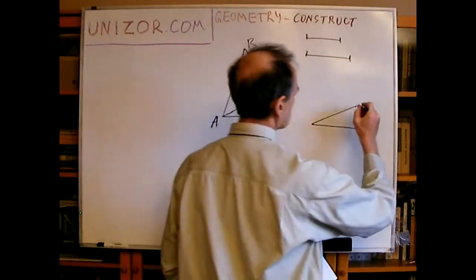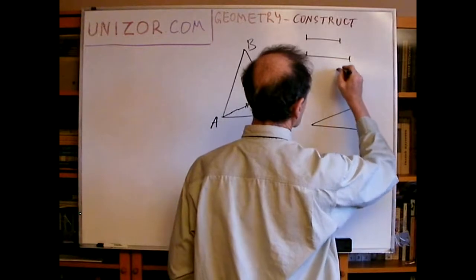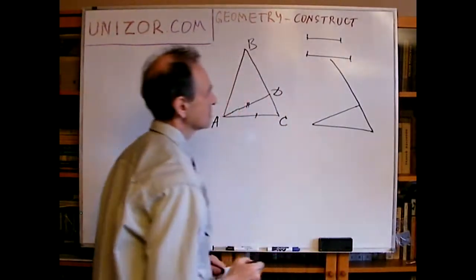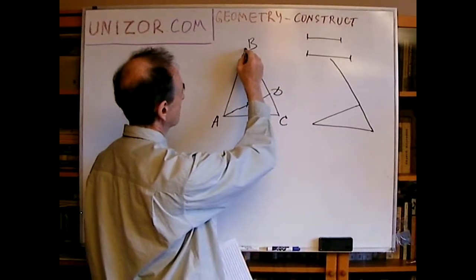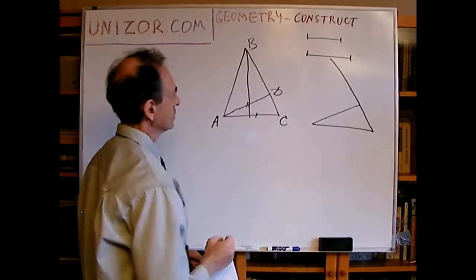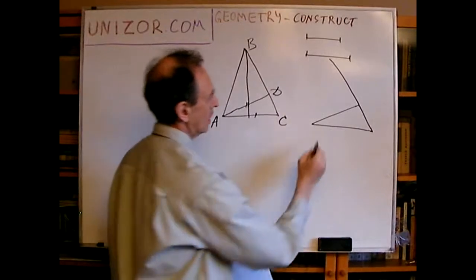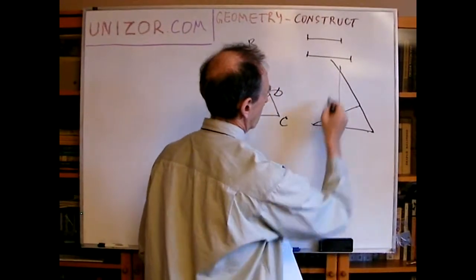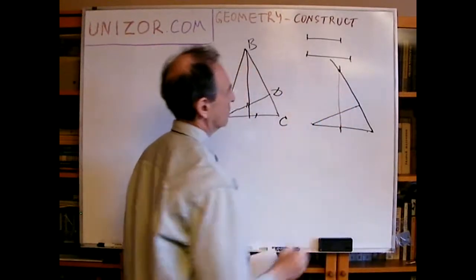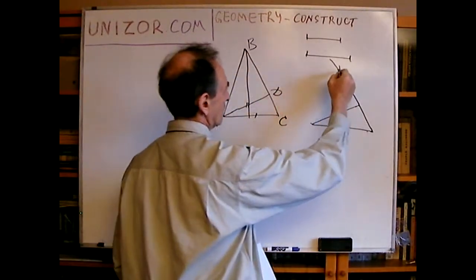Well, actually it's quite simple. What you can do is you can continue this line, and since this point B lies on the perpendicular bisector of AC, I can build perpendicular bisector AC, and that's where they cross. That's my third point.